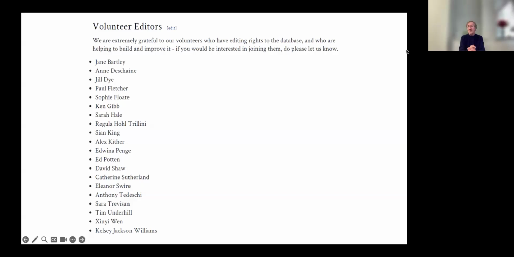But crowdsourcing is also an important part of this, has always been envisaged as an important part of it. And we do have a small but growing team of volunteer editors who are people who are supportive, interested, knowledgeable, and can help.